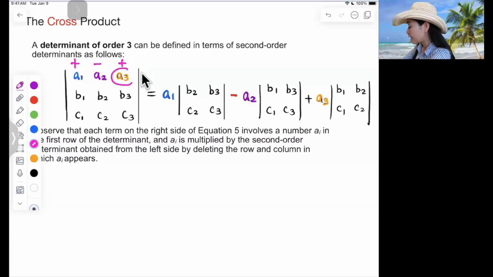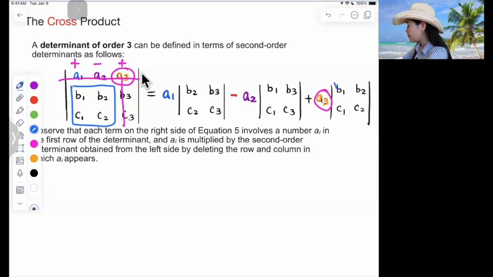You cross out the column and row that contain A3, and you end up with this submatrix, and then the determinant of this submatrix. The tricky part is that sometimes you forget this is actually minus. So plus, minus, plus.